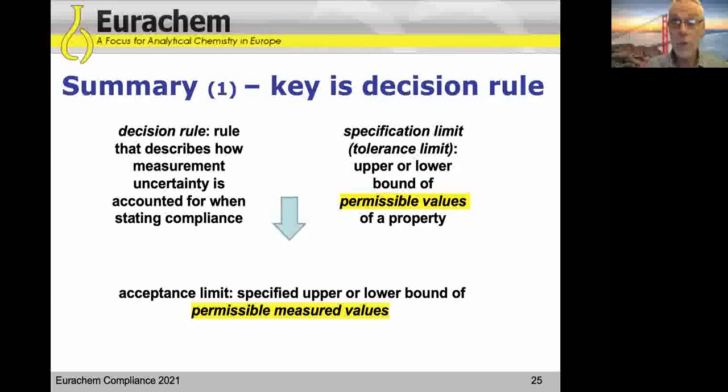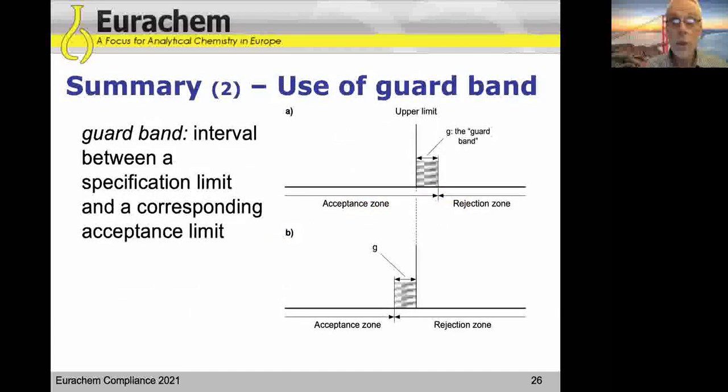And then you need to have a statement of max uncertainty. But it can also be using a guard band, where we can focus on correct rejection. Then we put a guard band on the right side of the upper limit, and the rejection zone will decrease. Or if we focus on correct acceptance, we put the guard band to the left of the upper limit, and the acceptance zone will decrease.